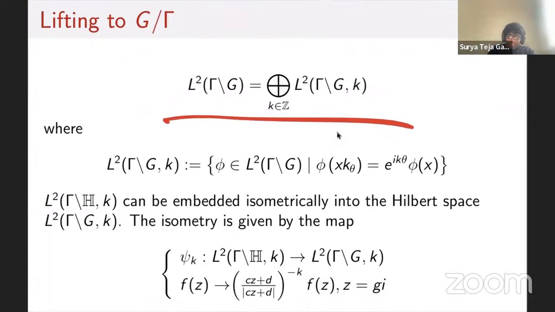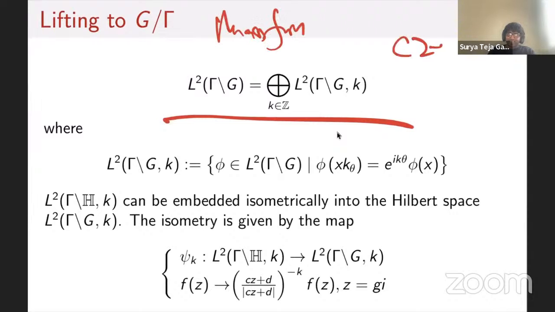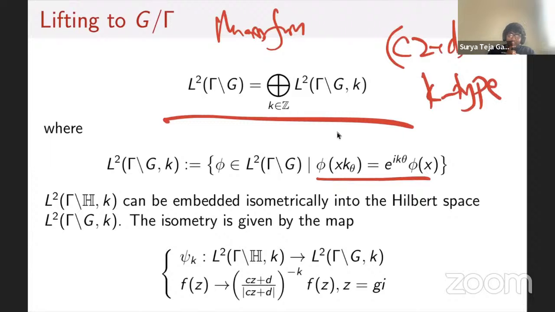Now all these different properties that we saw before, the Maass forms, all the conditions about cz plus d to the k, etc., can be framed in terms of representation theory. For instance, the weight can be thought of as the K-type, the action of a subgroup SO(2).